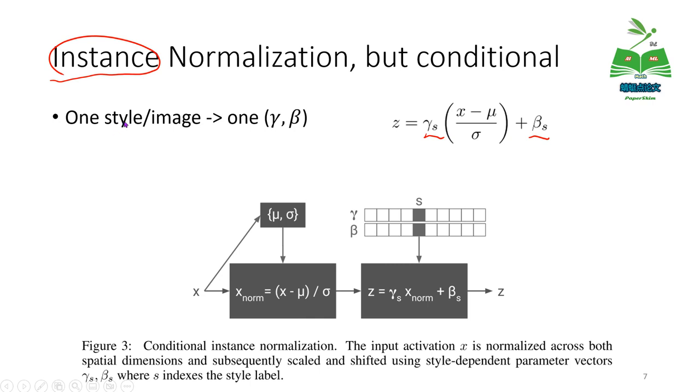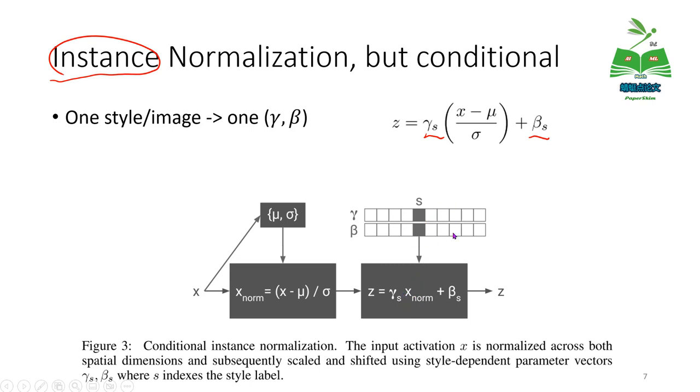The authors think every style has its own scale and bias parameters. So if we have n styles, we need n gammas and n betas. Then given a specific style, we select the corresponding gamma and beta for training and also for generation, or style transfer.